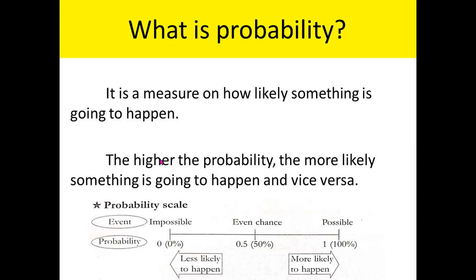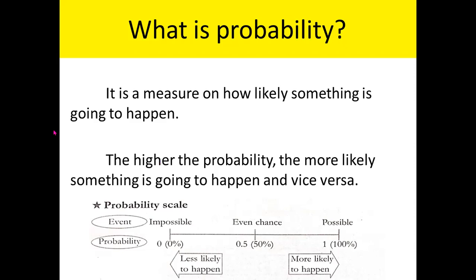So 50-50. 50% could be a head, 50% could be a tail. So you have an even chance. Different from impossible, different from less likely to happen, and different from 100%. So that means you have a 50-50 chance of having a tail or a head. That is the use of the probability scale that we are mentioning.